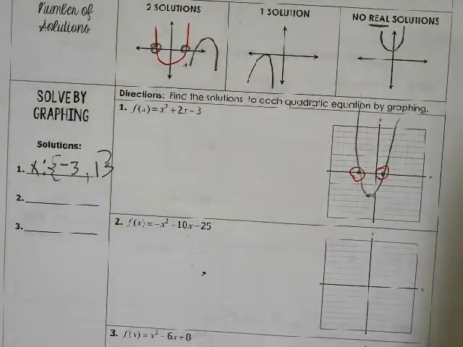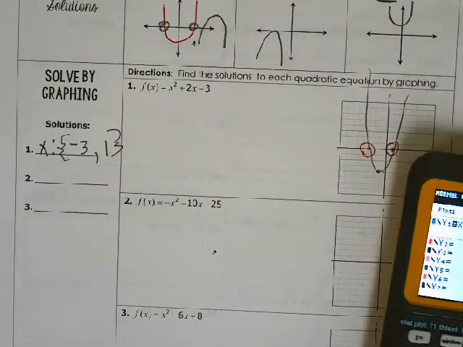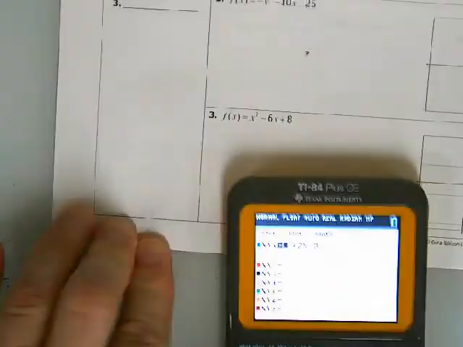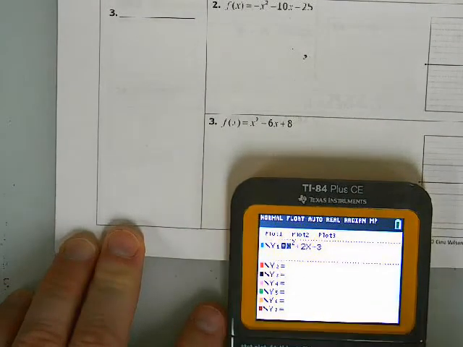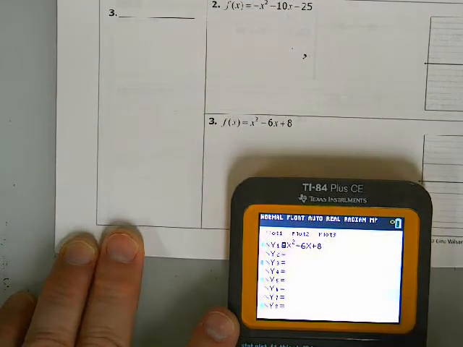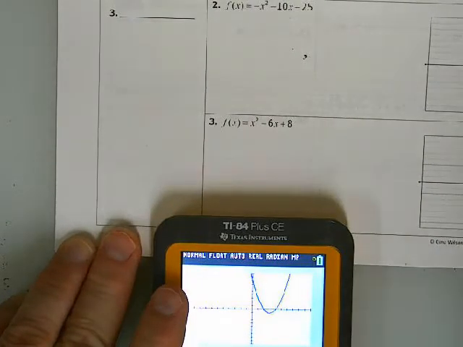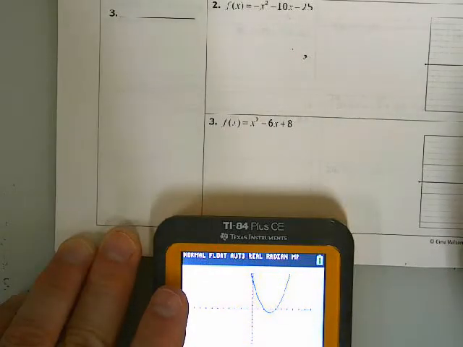So, we'll do one more, and then I'll skip that last one. Let's skip to the third one. It should conceivably be harder. X squared minus 6x plus 8. 2 and 4, very good. So 2 here, 4 here.